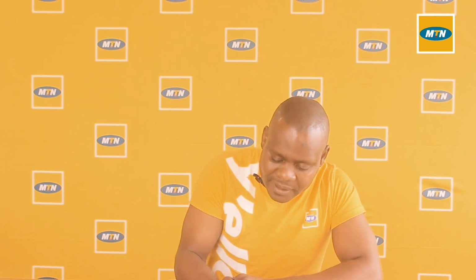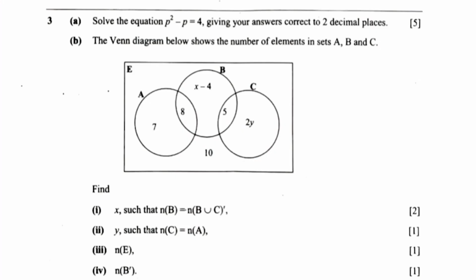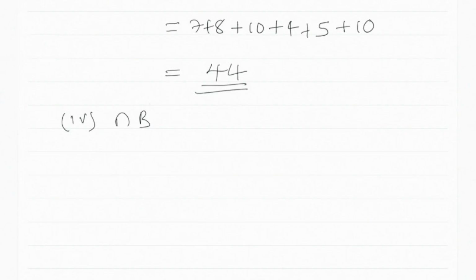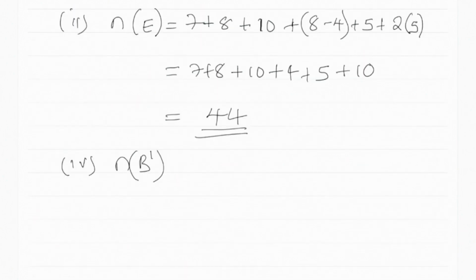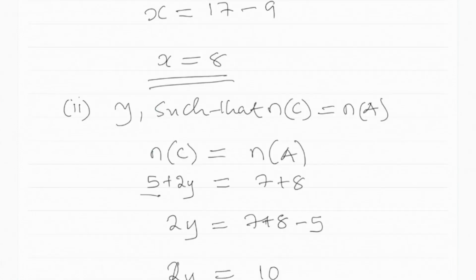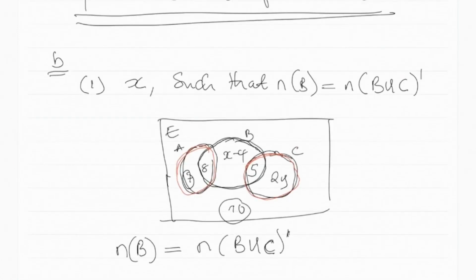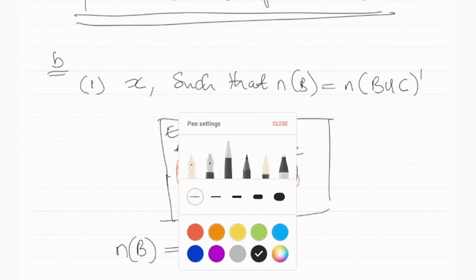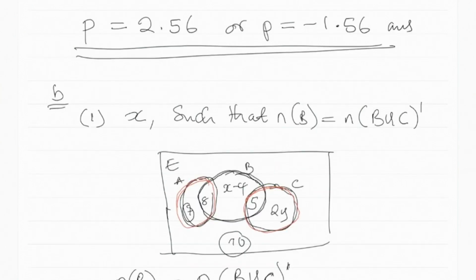Let's look at the last part of this question, which is question 3b, part 4. The number of elements in set B complement. What do they mean by saying number of elements in B complement? If I take you back to the diagram here, this is my B. I hope you're able to see the colors nicely there.